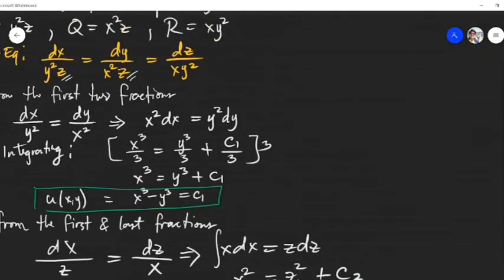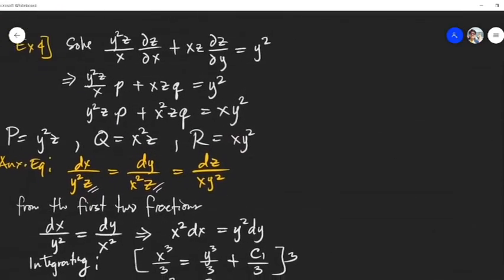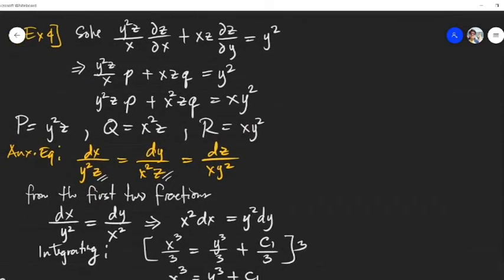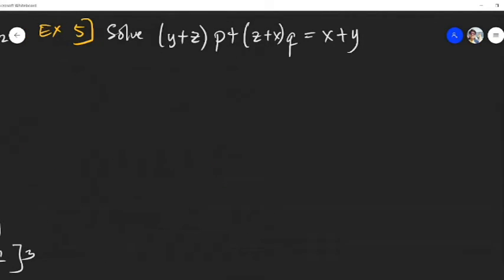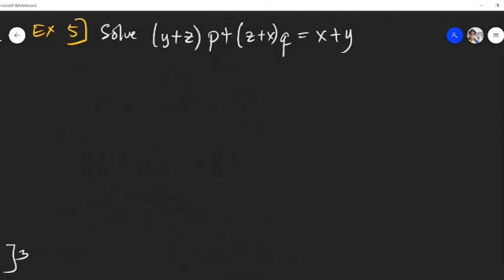So let's skip ahead and have our more complicated example. Okay, example number 5. From the PDF or book we are using, this is example number 6. Solve for y plus z times small p plus z plus x times small q, and this is equal to x plus y.